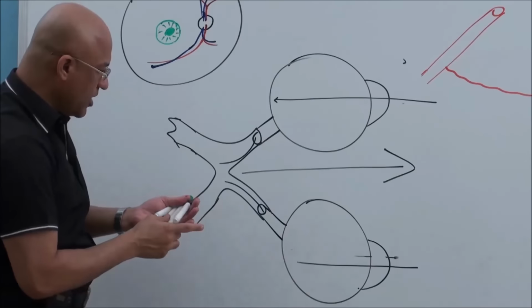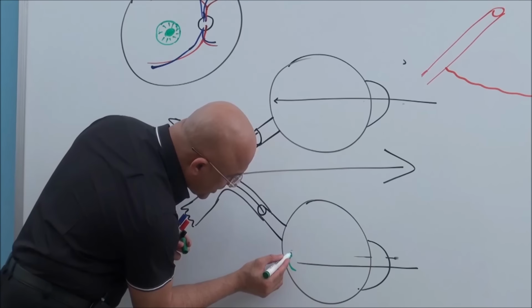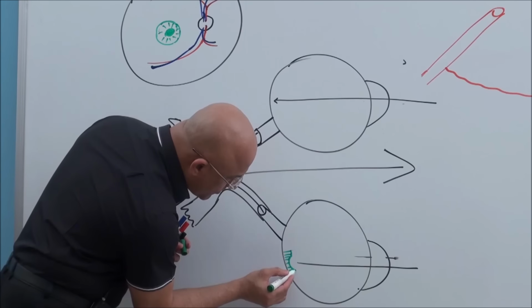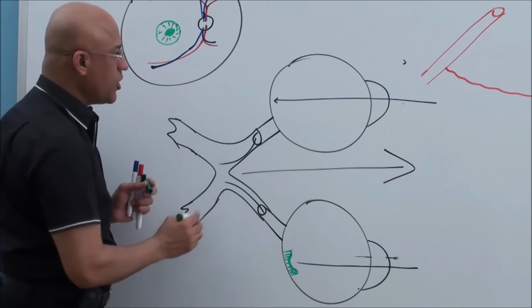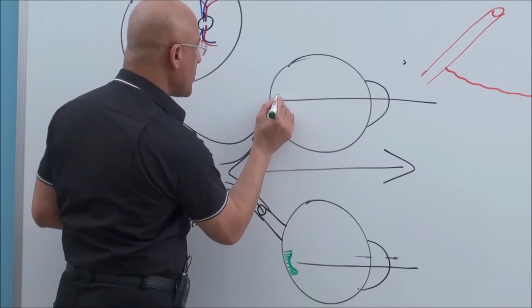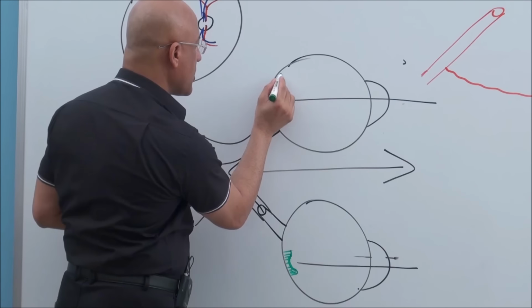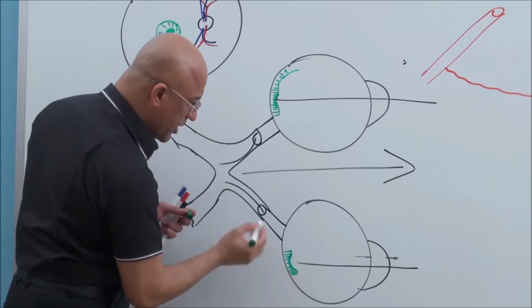Now, here is a little macula lutea with a little depression. This is the little depression which is the macula lutea. Here is also a little depression, this is macula lutea and here is macula lutea.